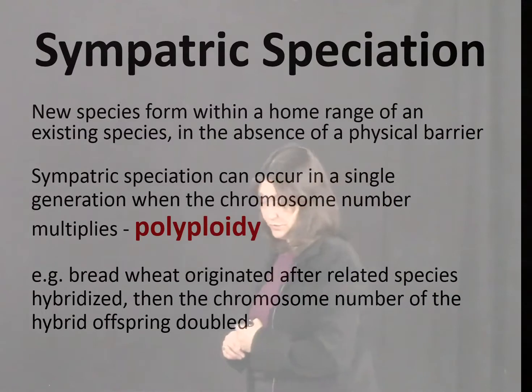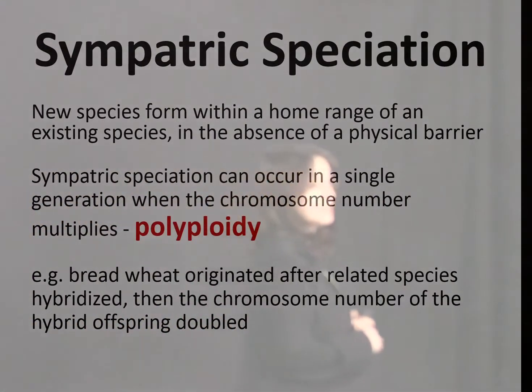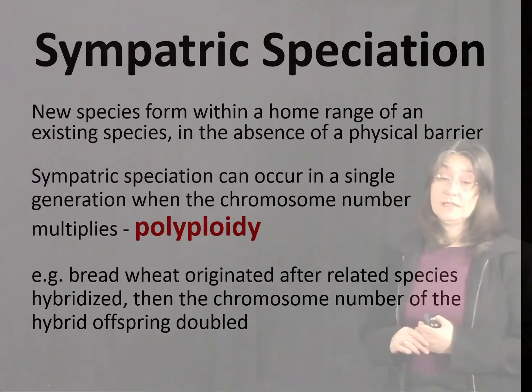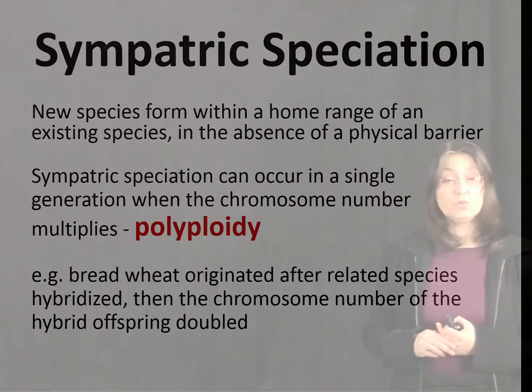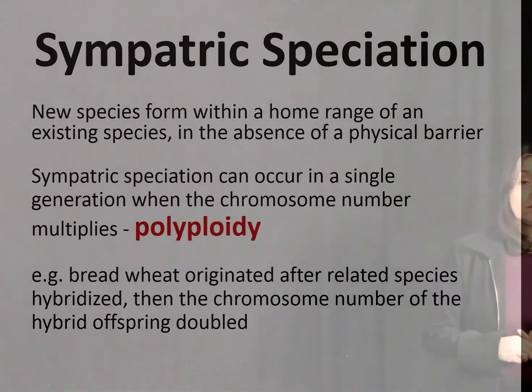The classical example for this type of sympatric speciation is nothing else than a very common species that is our daily bread. Bread wheat, Triticum aestivum, was determined through genetic analysis to be not just a diploid, not just a tetraploid, but actually a hexaploid.